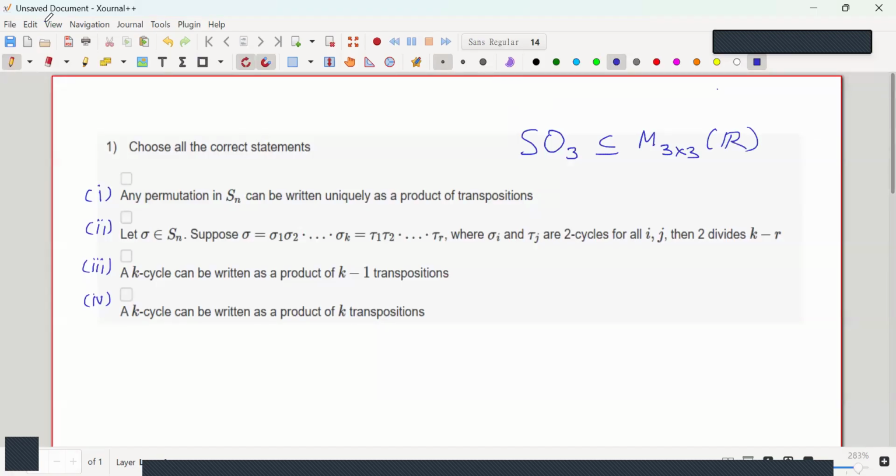Now, what this group does is it is actually the group of rotations of some particular type for your R cube, for your three-dimensional coordinate system. So it's a group of special orthogonal matrices.